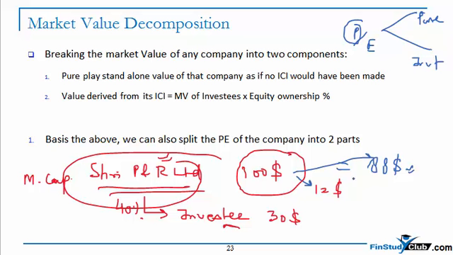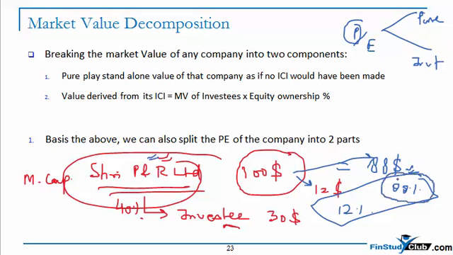So if you look at the ratio here, it is coming out to be 88% and 12%. So maybe this is a very healthy ratio to be in, where my company is deriving 88% of its value only and only from its own operation. So it is a very stable and straightforward scenario.